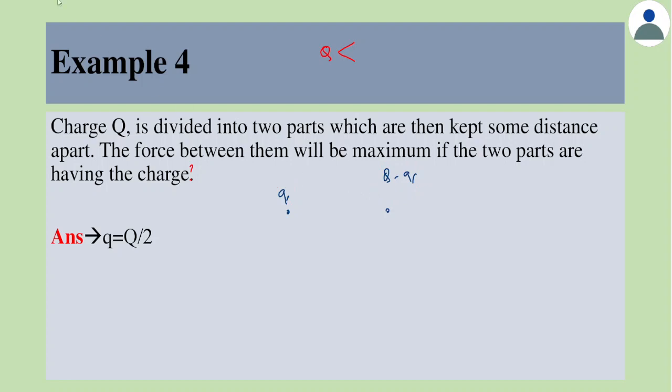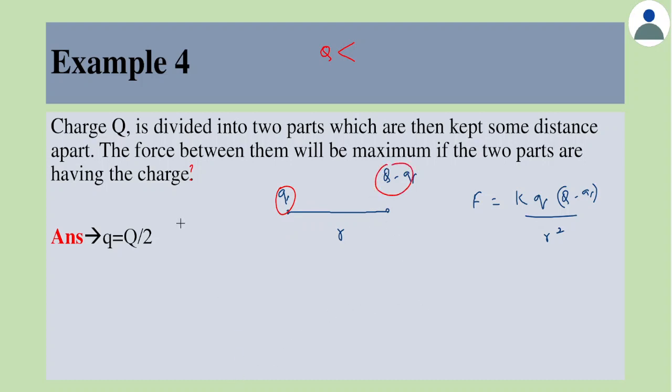Suppose the distance between them is some r, then the value of force is given as K q, capital Q minus small q, by r square. Now here the variable is small q, because based on small q, this also would be varying.